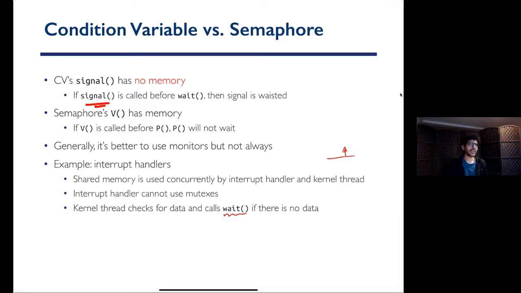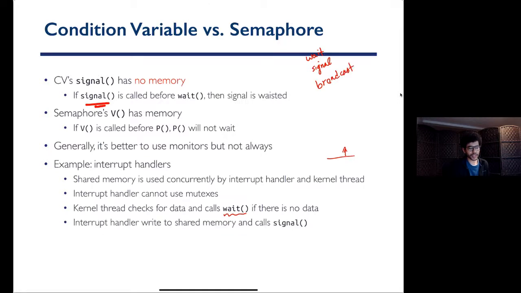The answer is yes, but you have to be careful that you should not lock the mutex inside your interrupt handler. If you remember, what I said was, if you want to use signal, wait, and broadcast, always lock the mutex first and then call these.